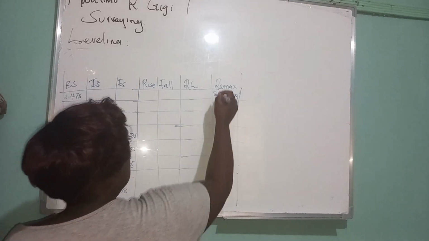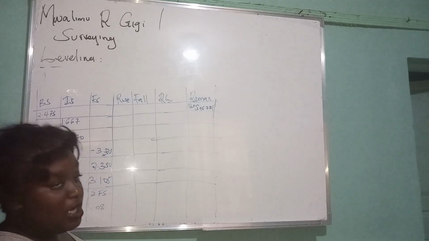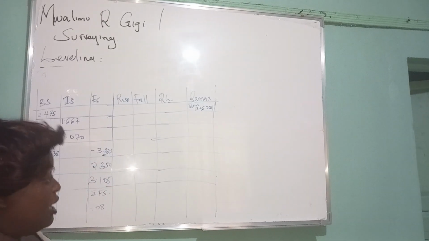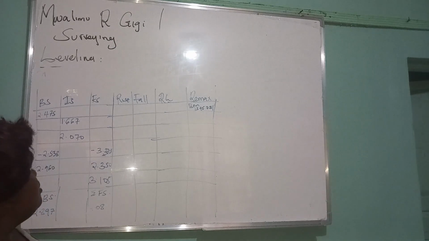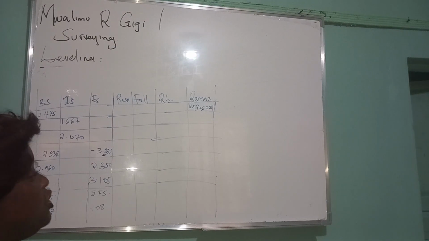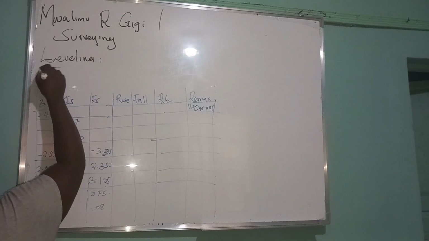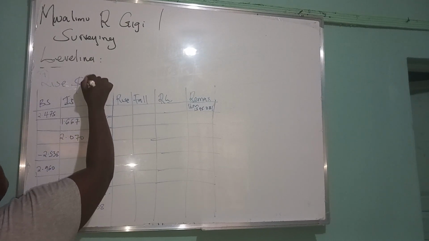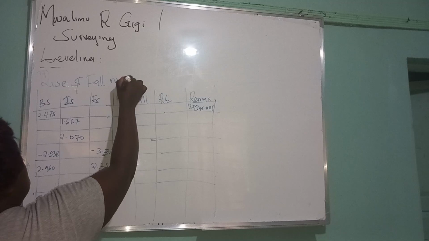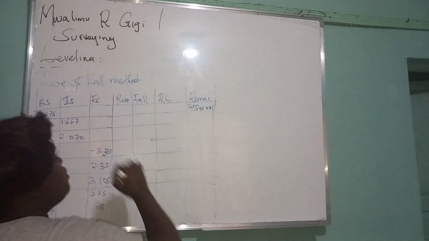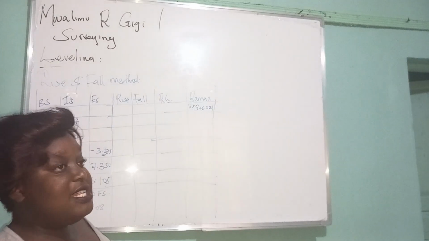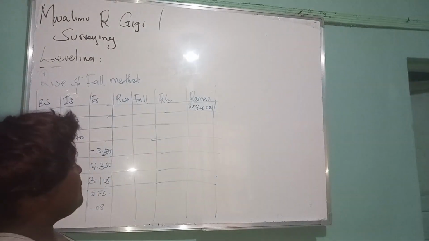So the first thing we should do is know that you are using the rise and fall method, so we want to reduce the levels using the rise and fall method.